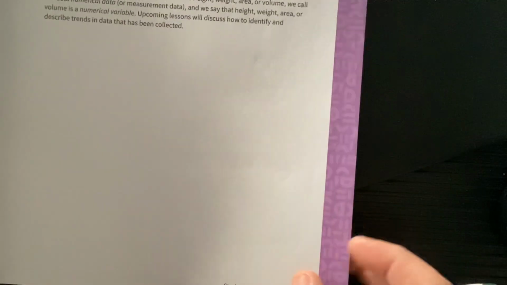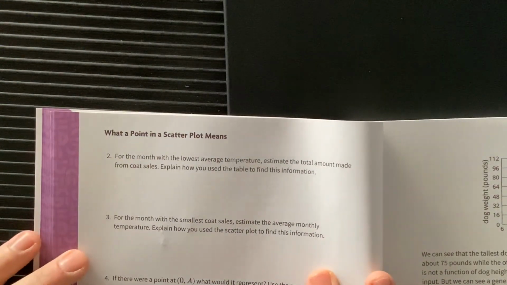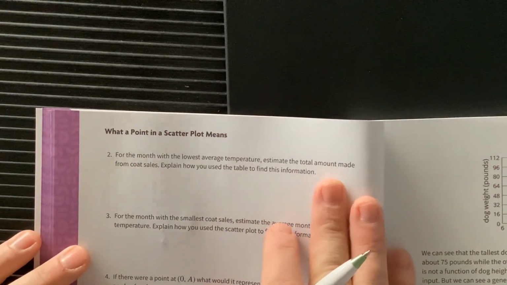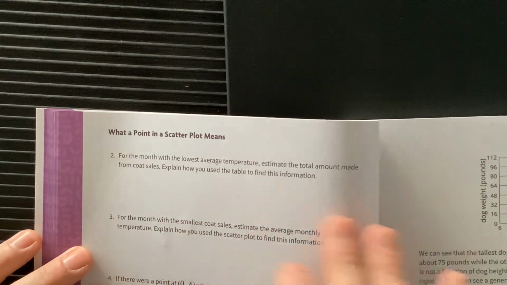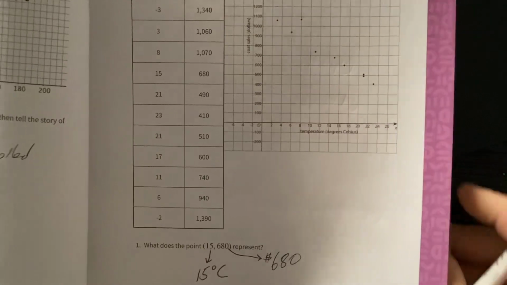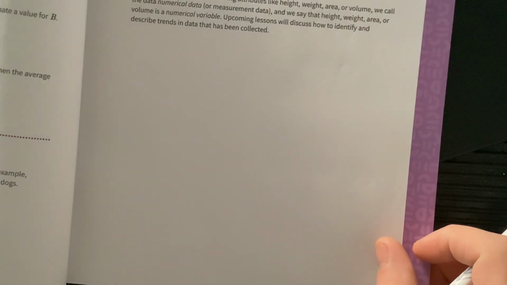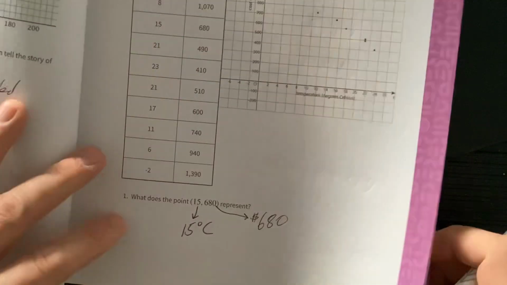Okay, next page. Might have to flip back and forth a little bit. For the month with the lowest average temperature, estimate the total amount made from coat sales. Explain how you use the table to find this information.